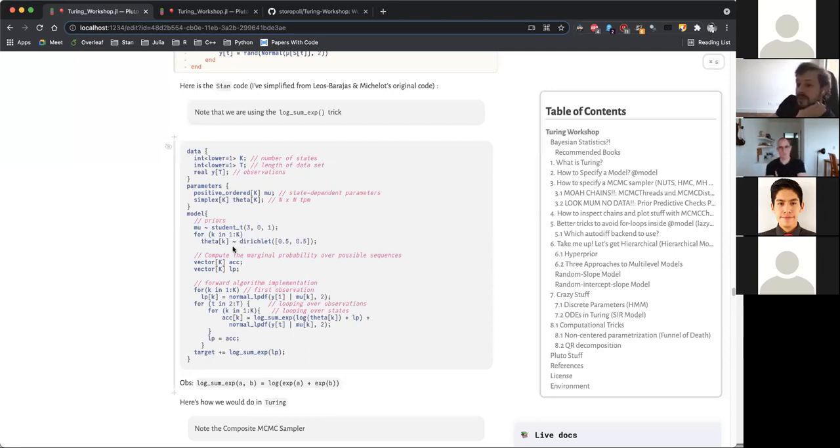I don't know if it's implemented yet or not, but if it is or will be implemented, it will be found in the Bijectors.jl package in the Turing ecosystem. This is where all these positive constraints of your variables and distributions will live in the Turing ecosystem.